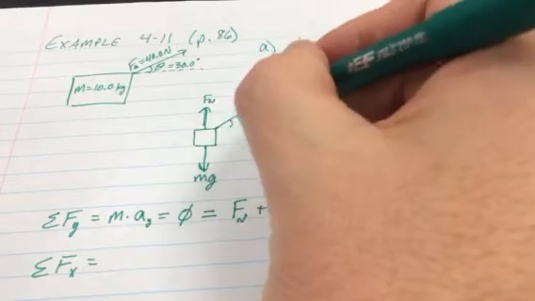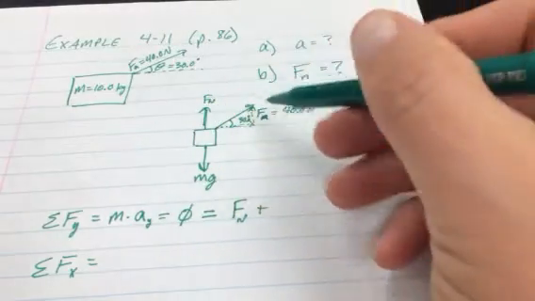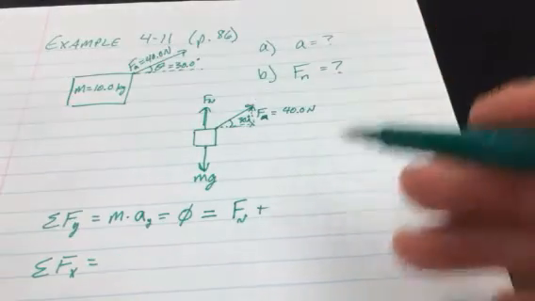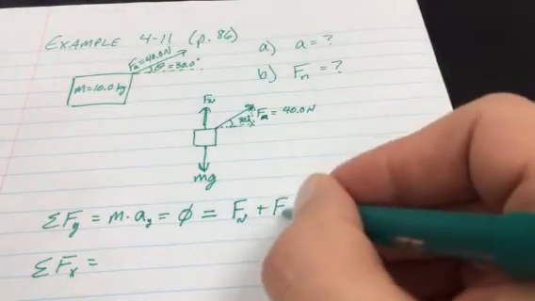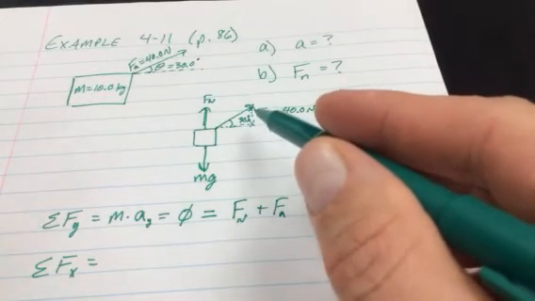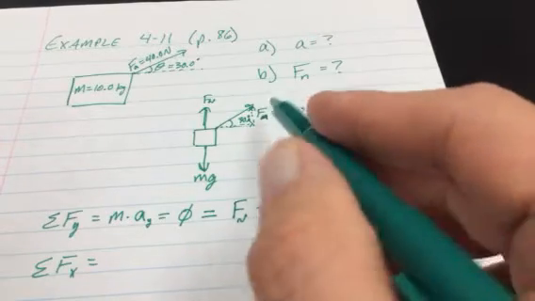There's a portion of that force that is going to be in the horizontal direction, but there's a portion of that force that's going to be in the vertical direction. So I have to account for that. The entire applied force is not in the vertical direction, so I will only account for the portion that is in the vertical.